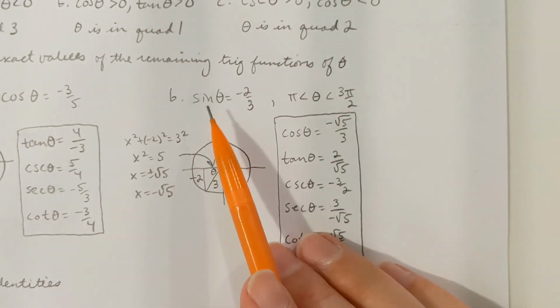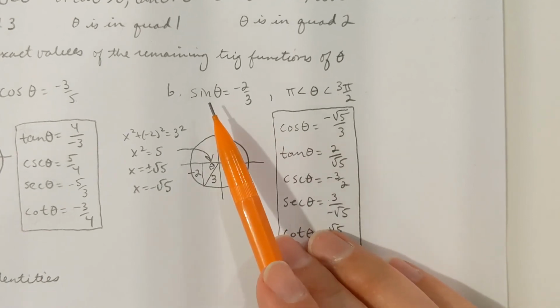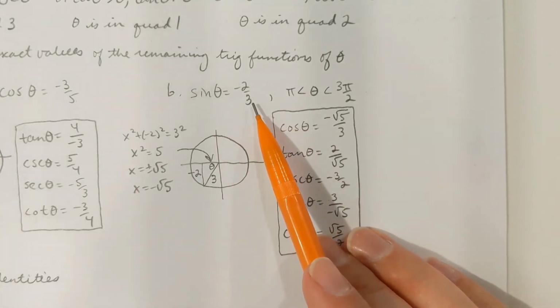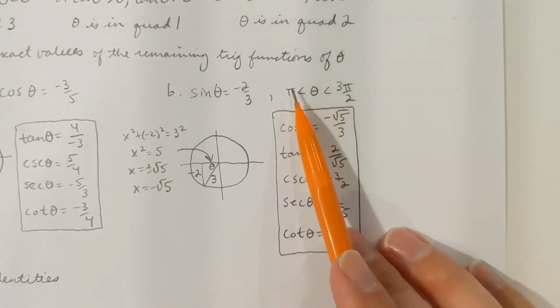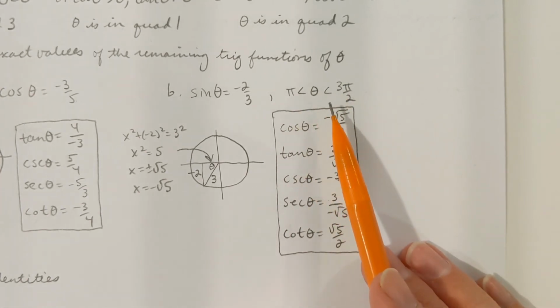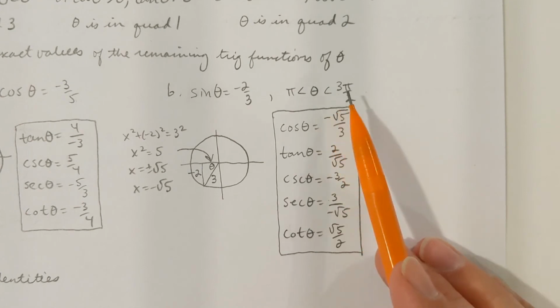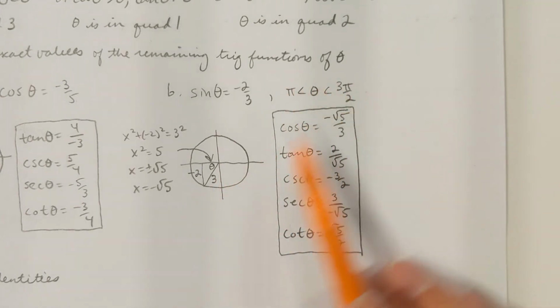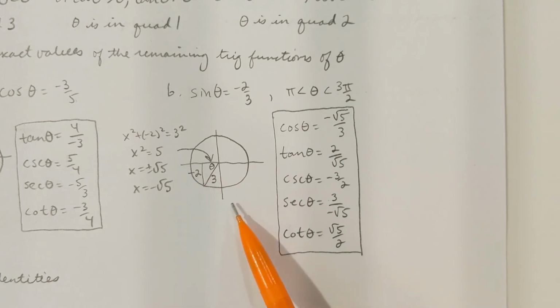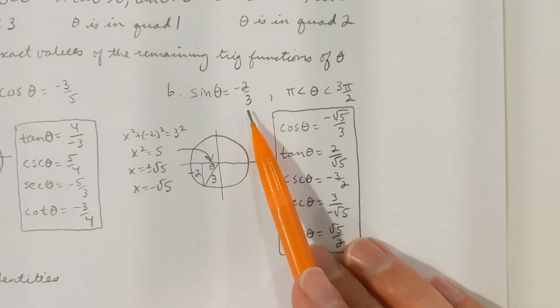And then here's part B, similar deal here. Sine theta is negative 2/3, and theta is between pi and 3 pi over 2. By giving me this information about theta, they're essentially telling me that when I draw this triangle, the angle is going to be in quadrant 3, between pi and 3 pi over 2. Sine of theta is negative 2/3.